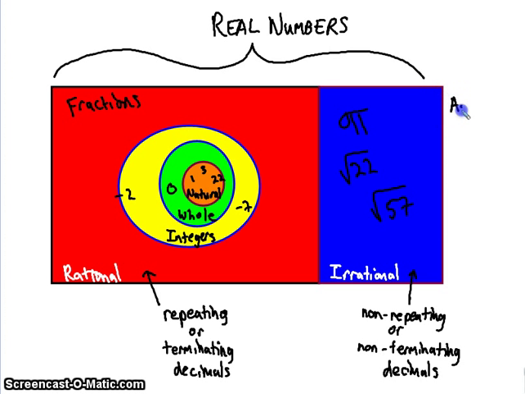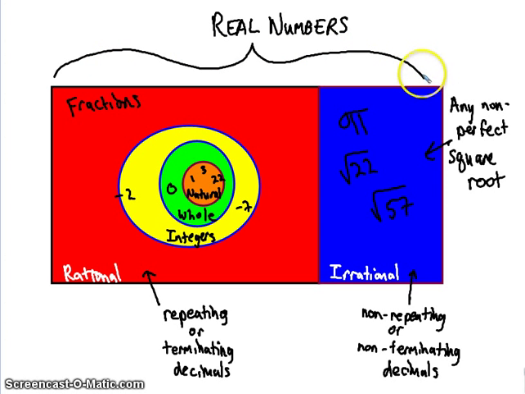Basically, any non-perfect square root is going to fall into the category of irrational numbers. Okay? So we're adding a new category. Now, this whole thing, the red rectangle and the blue rectangle and everything inside the red rectangle, are all called real numbers.